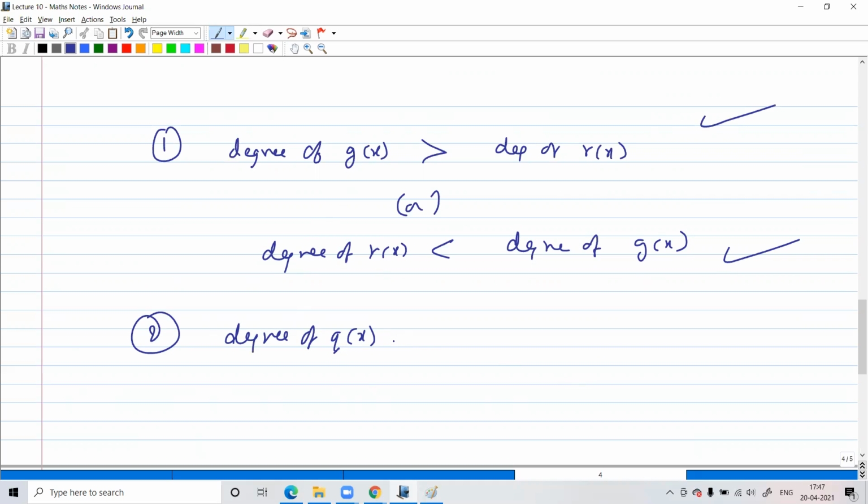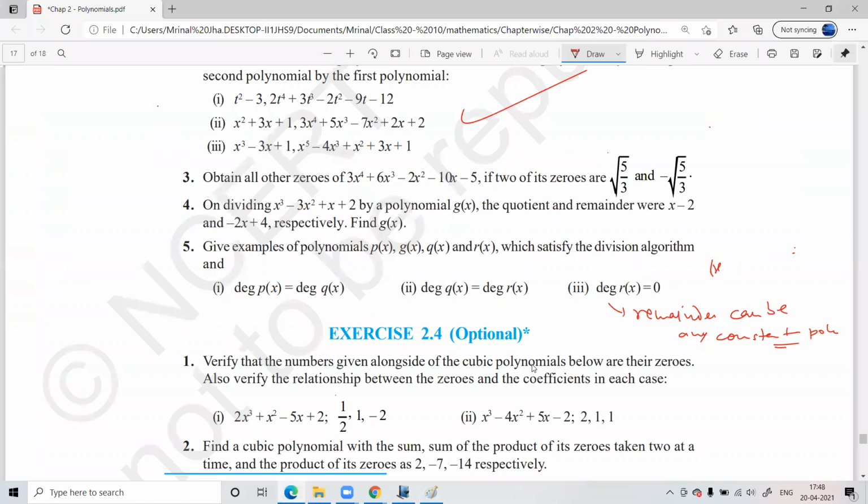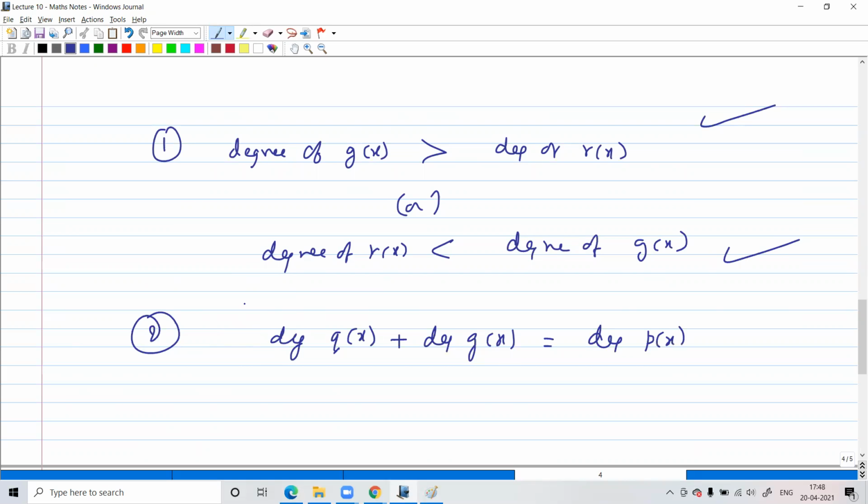Degree of qx plus degree of gx is equal to degree of px. So even if they change the question to something else, try to remember these two rules. Your answer will be based on this idea.